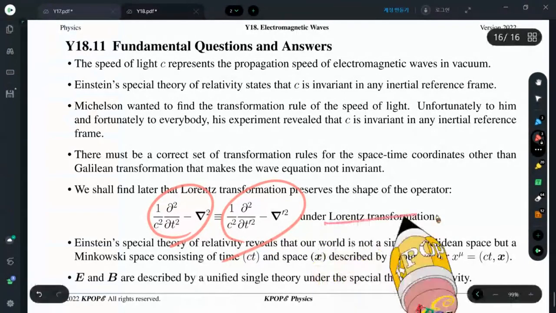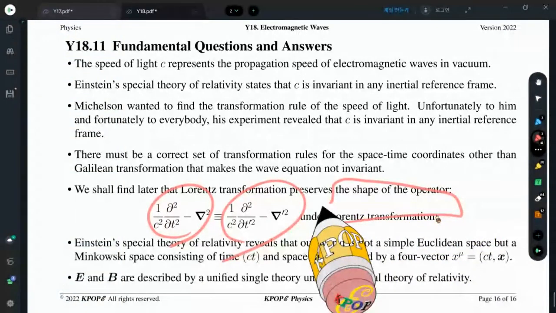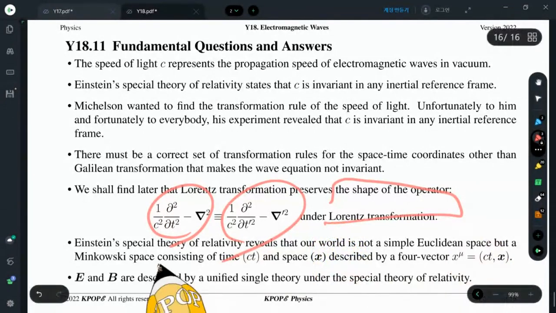And indeed, the Lorentz transformation was found to be the exact space-time coordinate transformation rule that preserves the form of the wave equation.